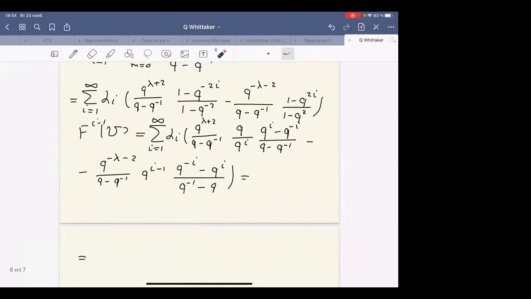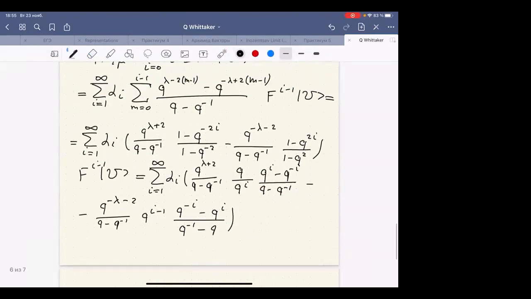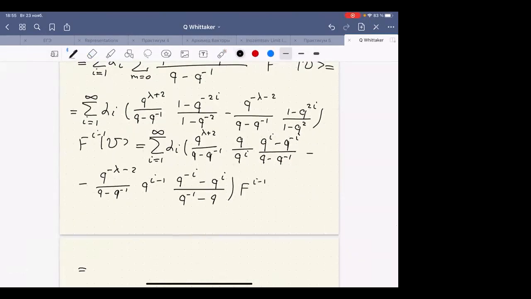So this, I will denote this by [E]_q, q number. This is just a definition. i minus 1.